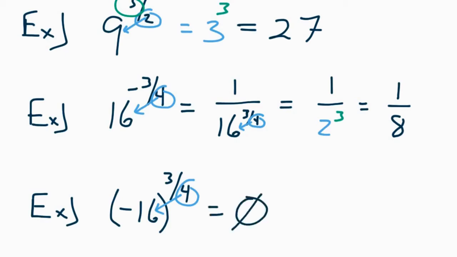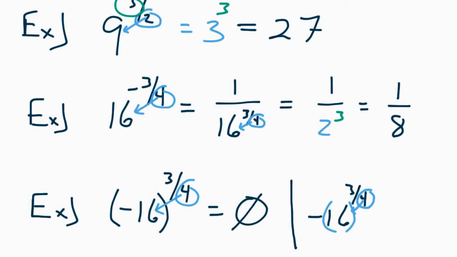But the other part behind this problem is to think about what if the problem had read negative 16 to the 3/4 without the parentheses. Well, a student wants to understand here that the exponent always applies to the immediate base. Here, the immediate base would have to be just 16. In other words, we would have to assume that we're doing the exponent to 16, and then we're going to end up with a negative answer when this is all over.